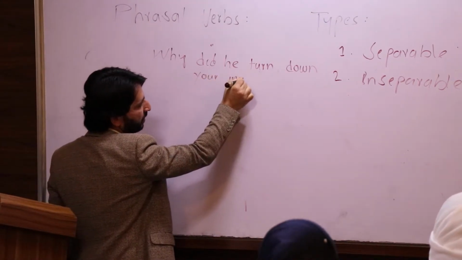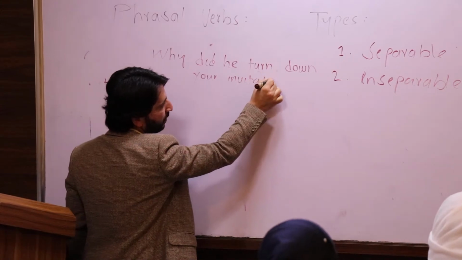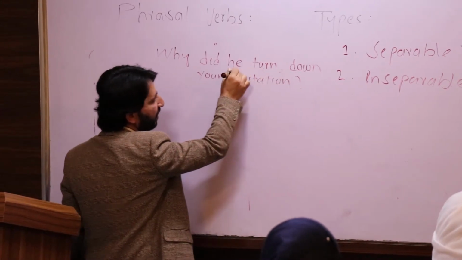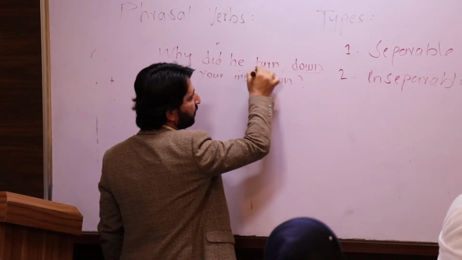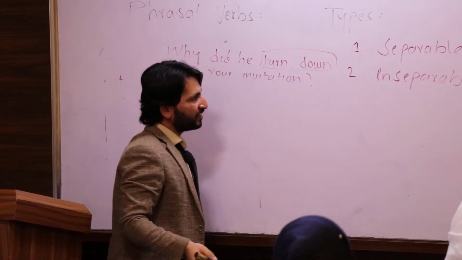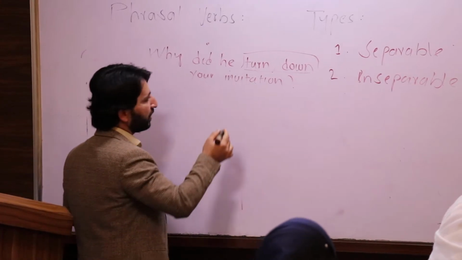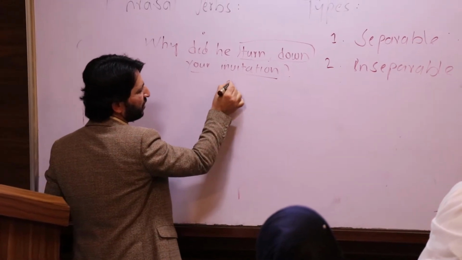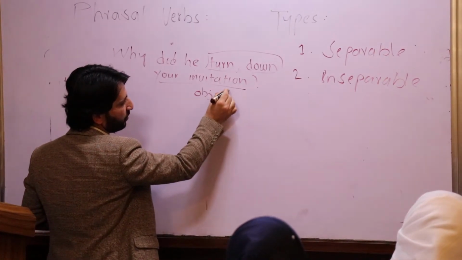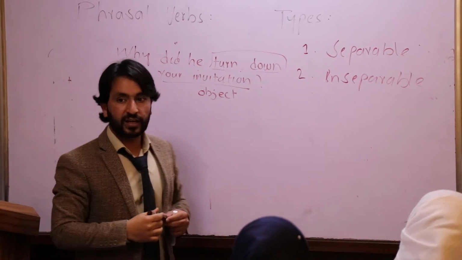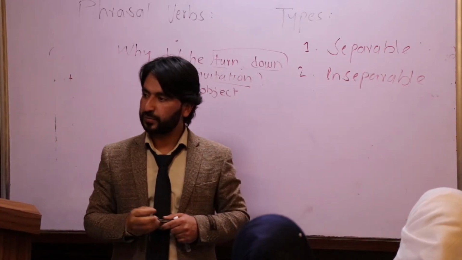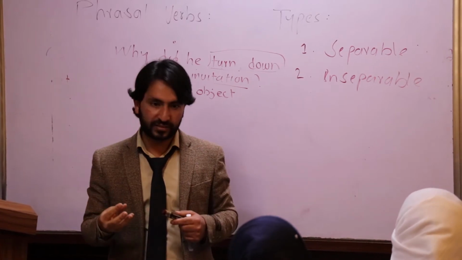This was the earlier example. Here we have an example of separable phrasal verb. This turn down is a separable phrasal verb. Why? Because we have an object here. Invitation is what? An object. So it is a transitive phrasal verb because it needs an object in this sentence.